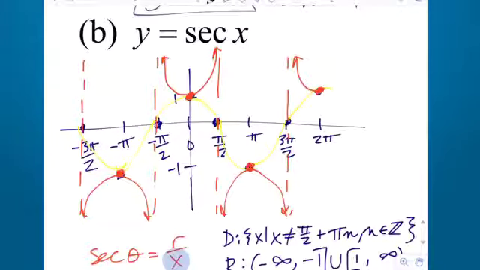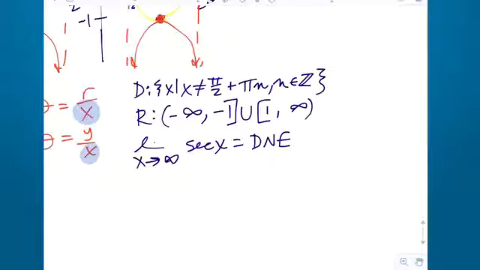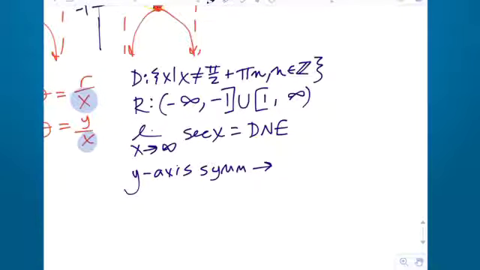Yeah, you fold the graph here, matches up. Fold the graph here, matches up. So it appears to have y-axis symmetry, and it does, which is not very surprising because its reciprocal function cosine, from which we derived this graph, also had y-axis symmetry. And of course, any function that has y-axis symmetry we call what? Not odd, but even.